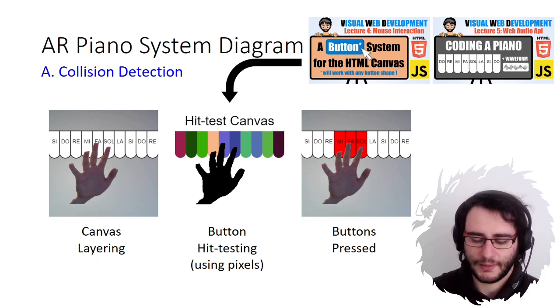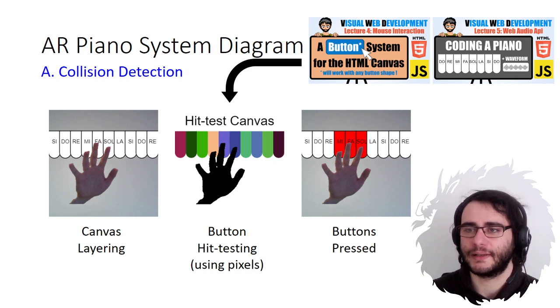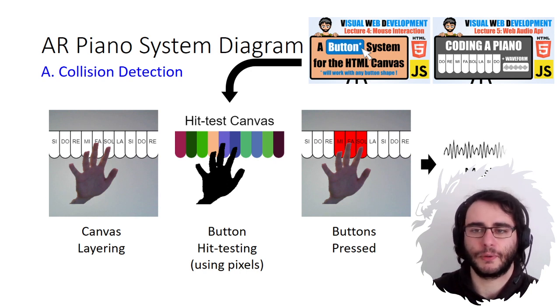After we trigger these buttons, you should remember from lecture 5 that we have also connected it to this audio API. And hopefully we are going to do all of this today and get some kind of feedback using the webcam, the button system, these piano keys, and the music generation code.